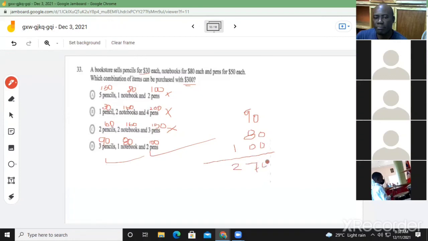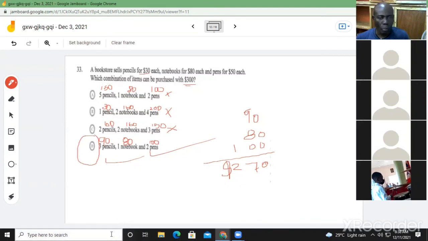Everybody agree? Yes, sir. So of course it could have gone to the shop, because you have 300, you would have gotten back change. So we could have gone to the shop and purchased this. So this is the answer.